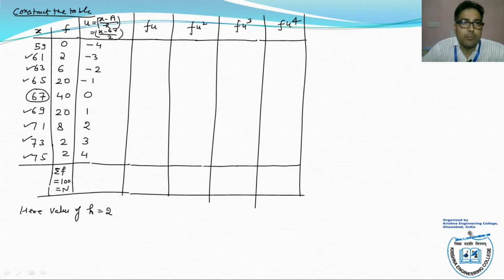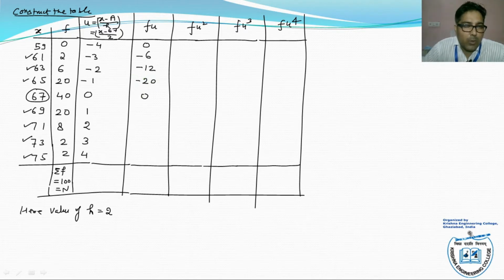Clear? Now we have to find fu, the product of f and u. Product of 0 into minus 4 is 0. The product of 2 into minus 3 is minus 6. The product of 6 into minus 2 becomes minus 12. The product of 20 into minus 1 is minus 20. The product of 40 into 0 is 0.